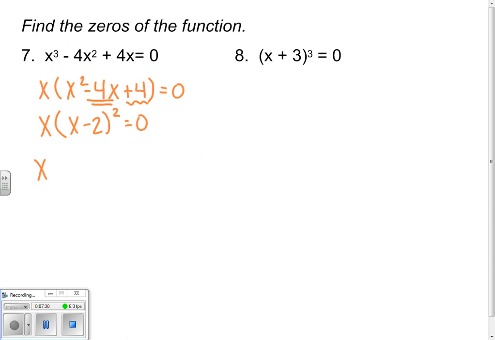So this first factor of x in the front gives me a 0 of 0. And that negative 2, the x minus 2, gives me a positive 2 with a multiplicity of 2. I want to clarify. This 2 came from the fact that that factor is an x minus 2. And this 2 came from the little 2 in the air.